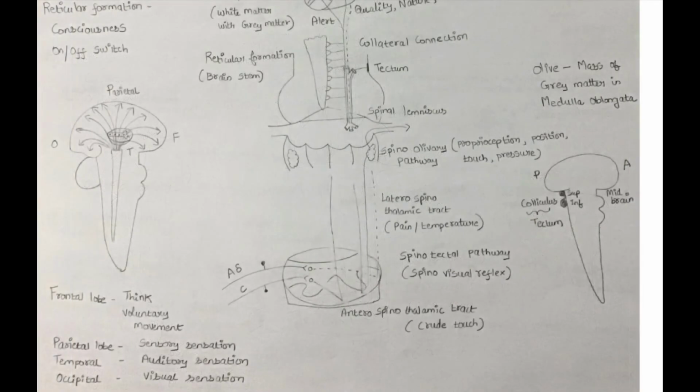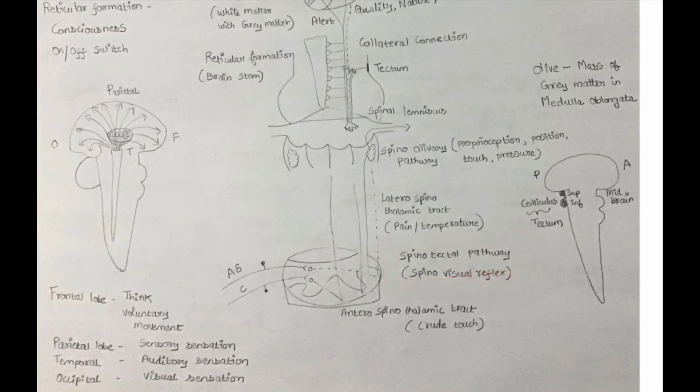For example, if you are walking in a street and you suddenly step on glass pieces, you will take your leg immediately from those glass pieces, and you will also look down to see what is down there. So this is the spino-visual reflex. You not only take your leg off, you also see what is happening down. So it is the function of the spinotectal pathway.